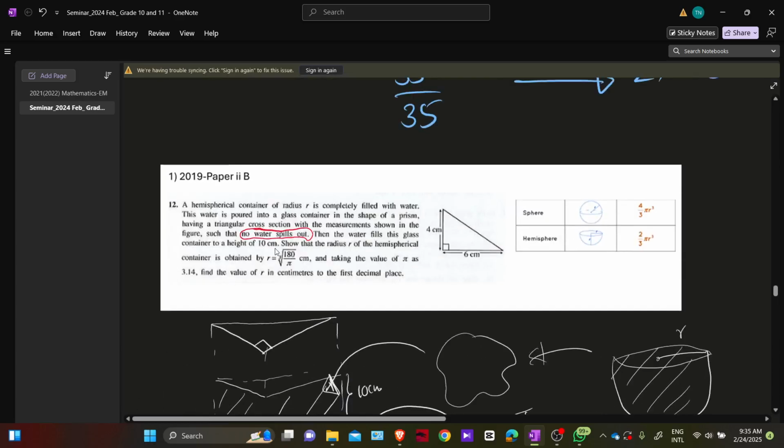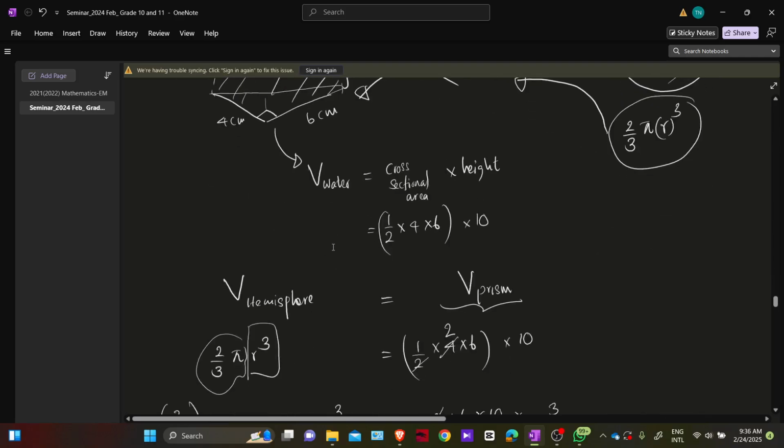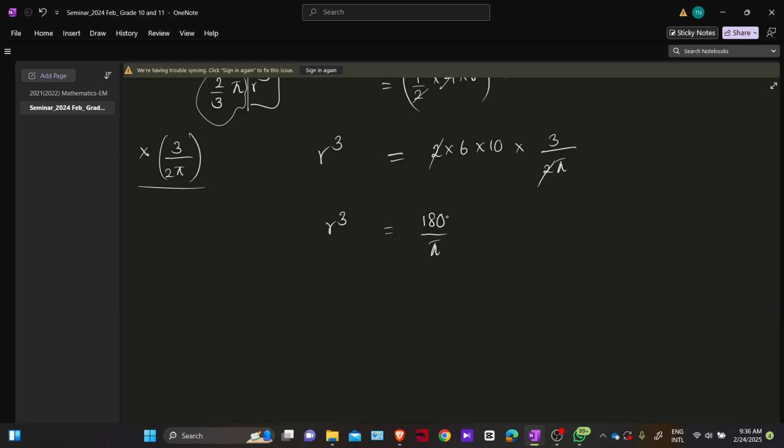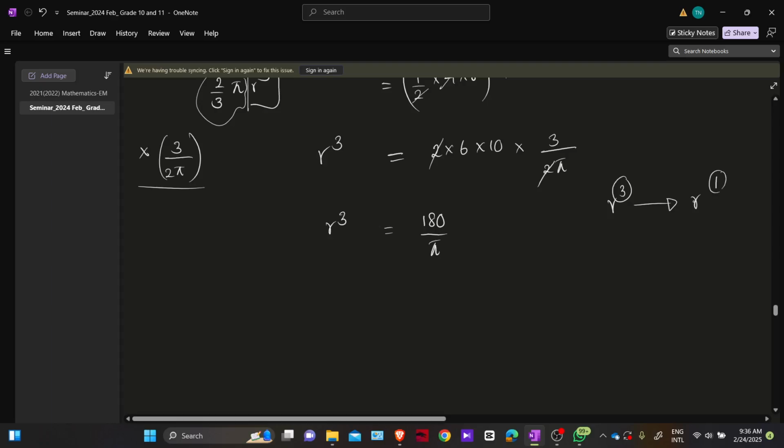Now check your answer. 180 over pi is here. Then how can you move from index 3 to index 1? Up to now the index is 3. You need to move to the index as 1. Then multiply the index by one third, which means you need to take the cubic root.